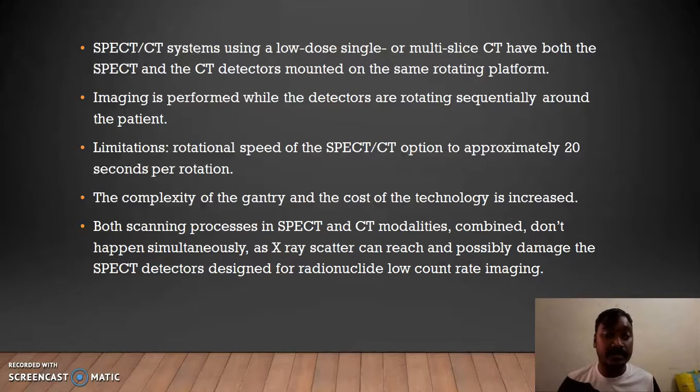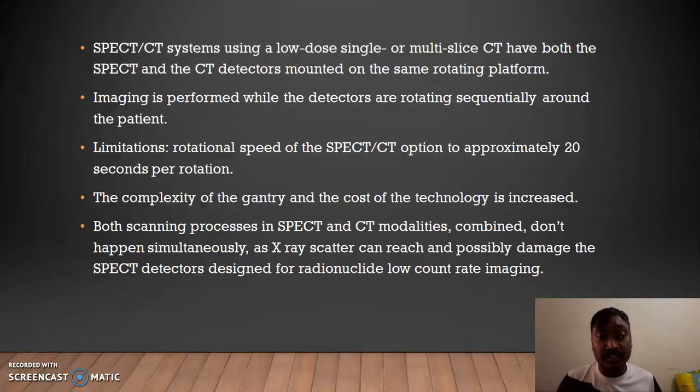The timing for the scan is totally different. The imaging is performed while the rotators are rotating sequentially around the patient. Again, this proves my previous explanation on why the scanning timing of SPECT and CT is different from each other. They are sequenced.